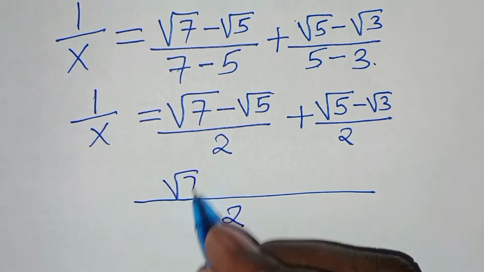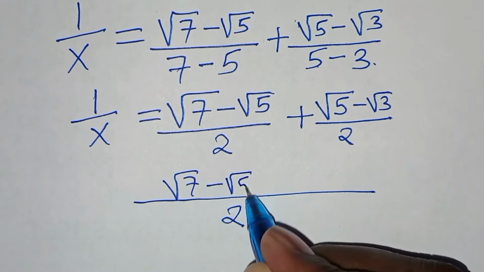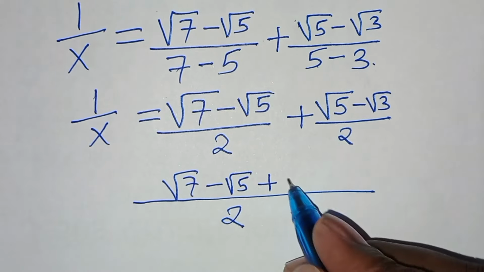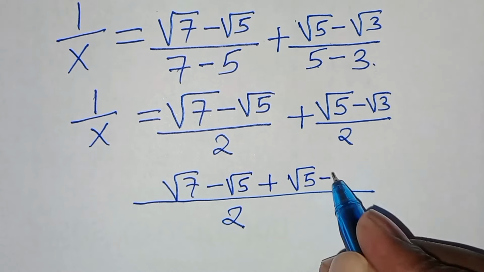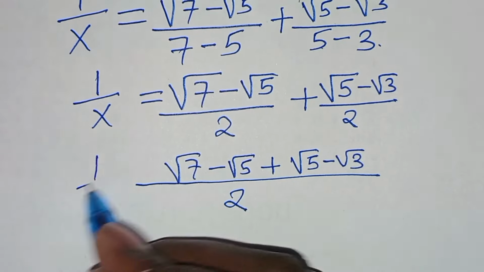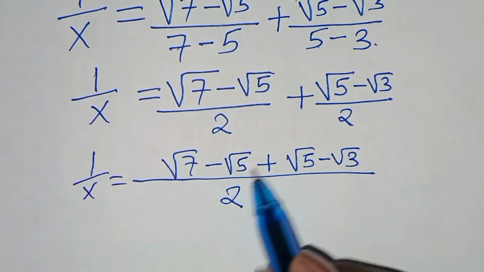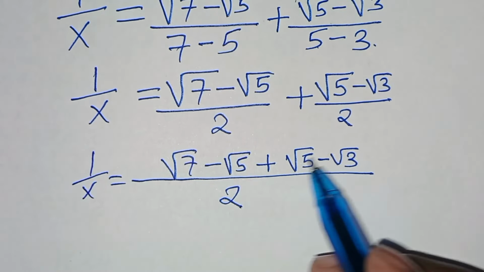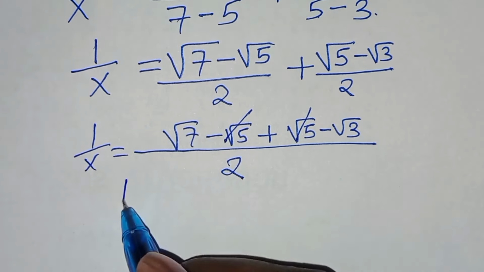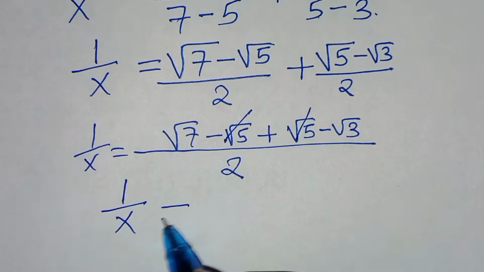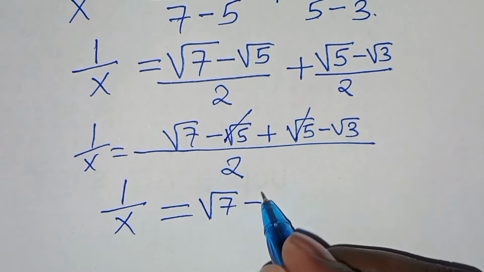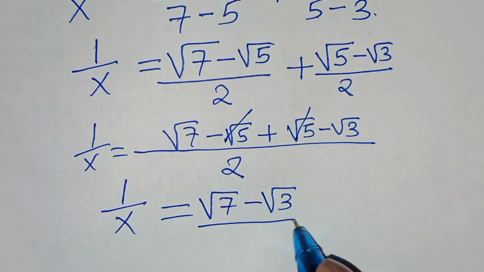So we'll have square root of 7 minus square root of 5 plus 2 divided by 2 is 1 times square root of 5 subtract square root of 3. So in this case we'll have minus square root of 5 plus square root of 5. This simplifies so that 1 over x is equal to square root of 7 minus square root of 3 divided by 2.